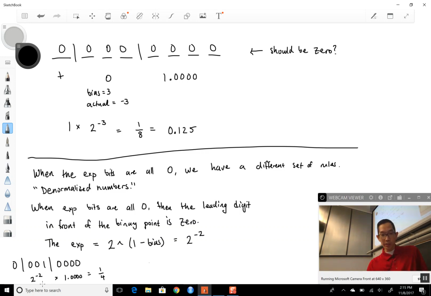And then over here, when I have 0 and then 0, 0, 0, this part is still 2 to the negative 2, except now I'm going to have 1, 1, 1, 1, or something a little bit smaller. This would be kind of like 1/4, and then what's the next smallest number behind this? It would be this, and this would be times, and now instead of a leading digit of 1, we have 0.1111 here.